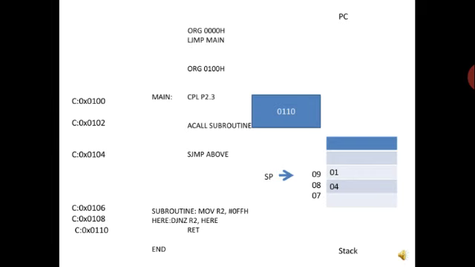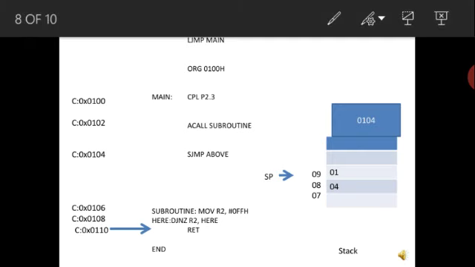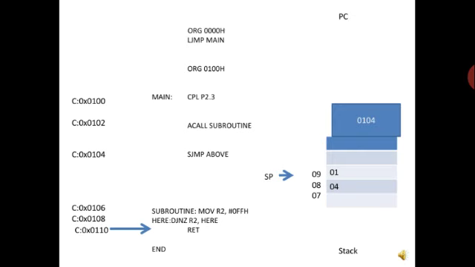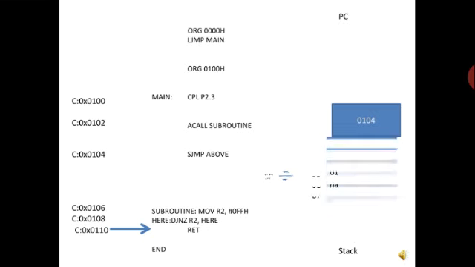So now when this return instruction is executed, the PC is loaded with the return address 0104. You can see that it is loaded with 0104. Now the stack pointer gets decremented, and the program flow changes to the main code.